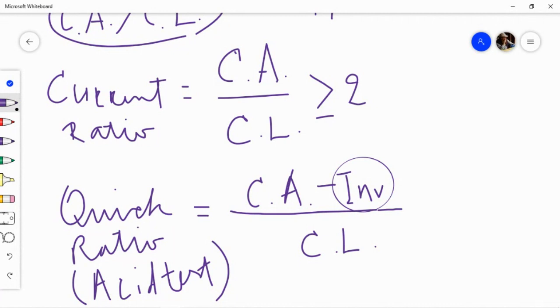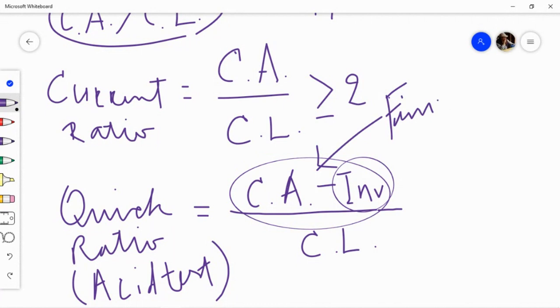In that case, you cannot include inventory in the numerator. So you subtract the inventory, and then current assets minus inventory will be all literally liquid financial assets. So it can be quickly liquidated.